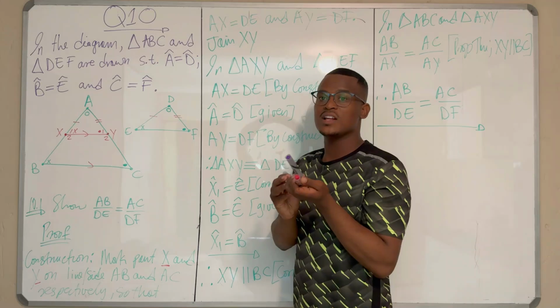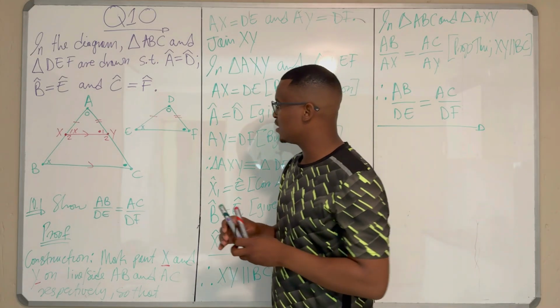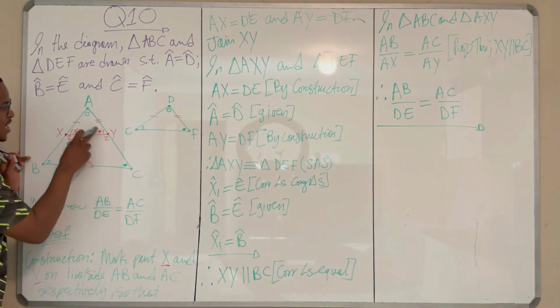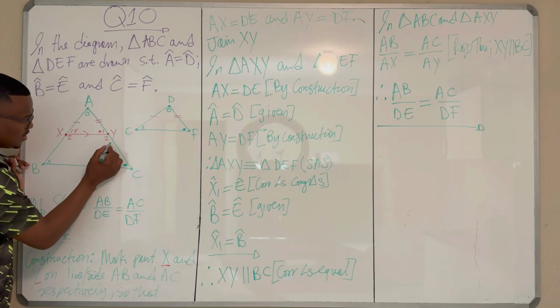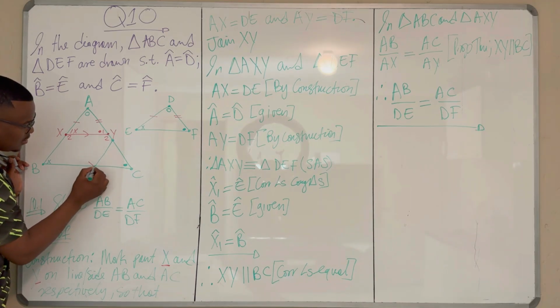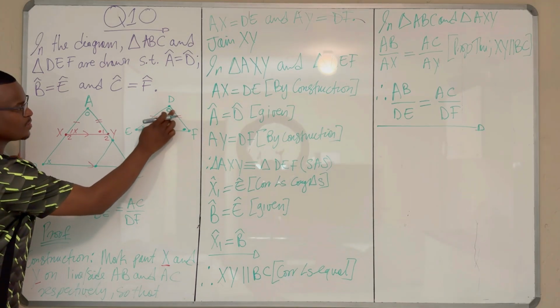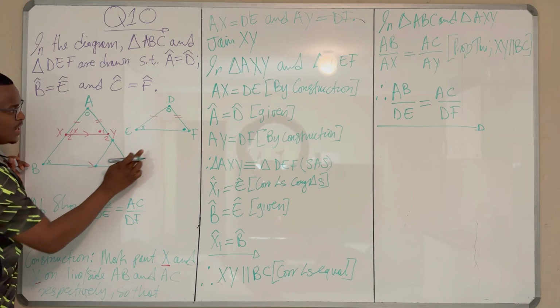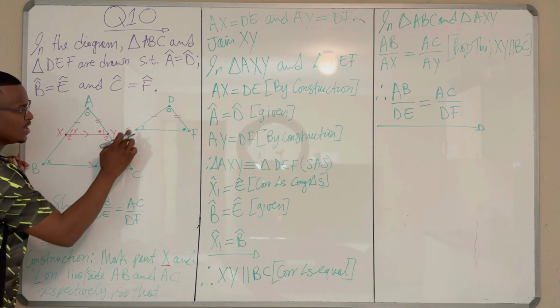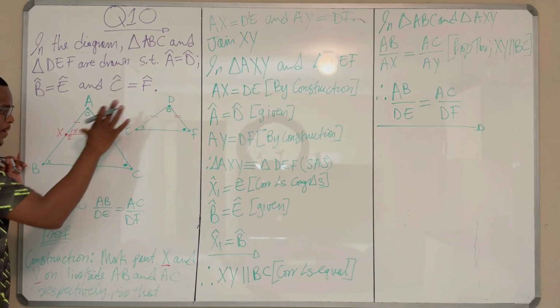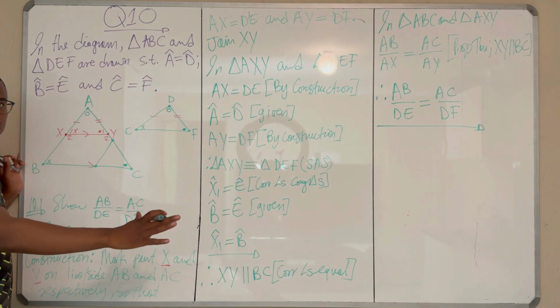So if maybe you wanted to show all three, you're going to have a similar construction to this. Let's say you have another construction like that there, so that this side is equal to this side, and this side is equal to this side, and apply the same steps.